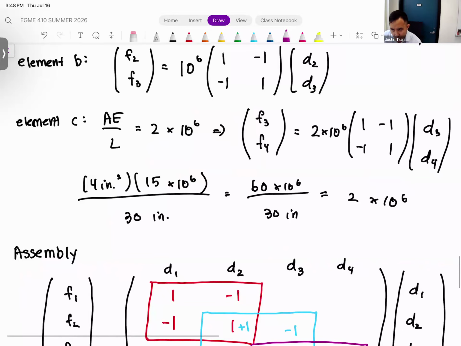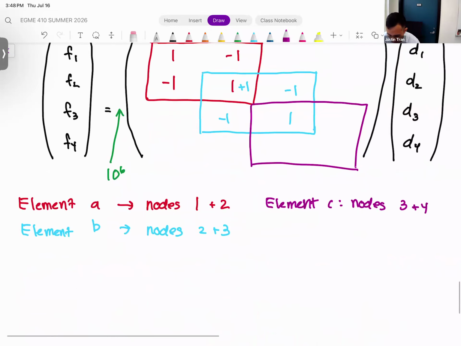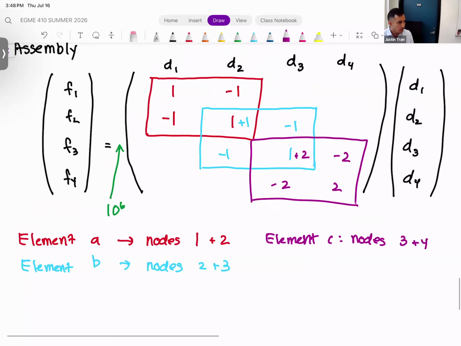The factor in front was 2 times 10 to the 6, so everything we add here is going to be multiplied by 2. And then everywhere else that we don't have any values, we're just going to put zeros, so we have zeros in all of those portions right there.